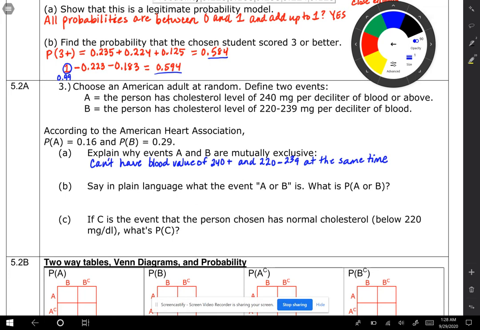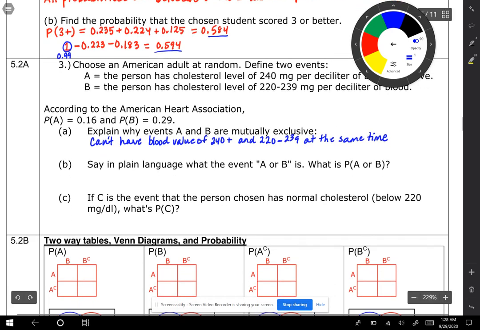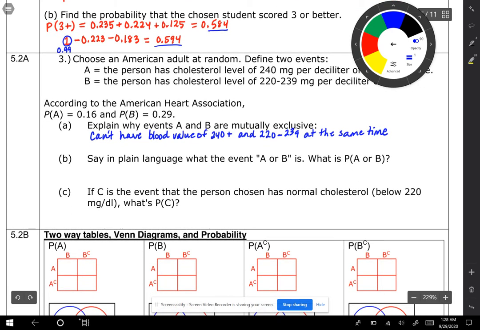Say in plain language what the event "A or B" is, then find the probability of A or B. So in basic plain language, the event "A or B" is the cholesterol level is between 220 and 239, or 240 plus.